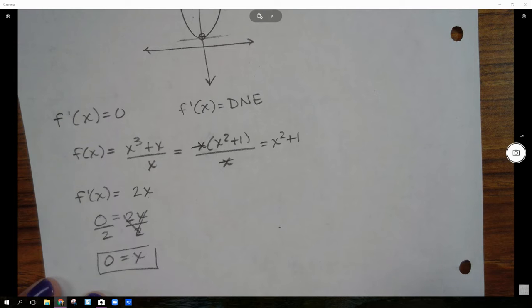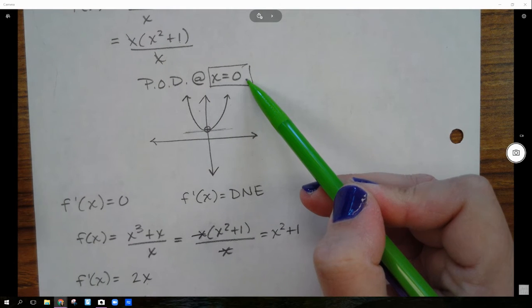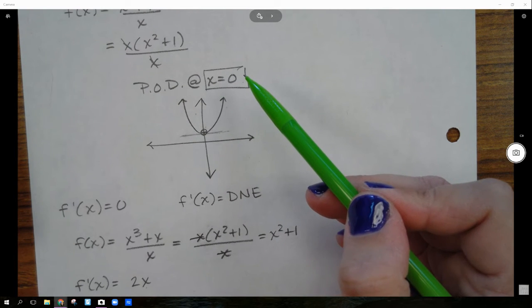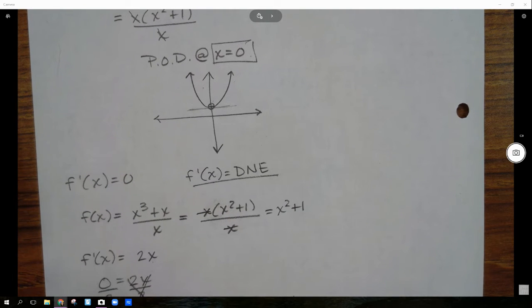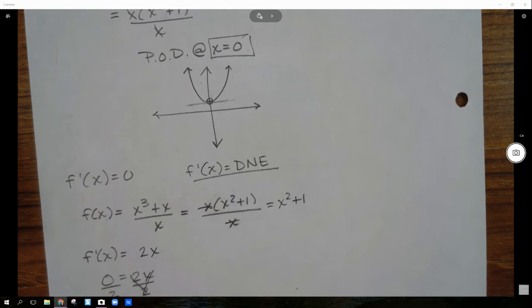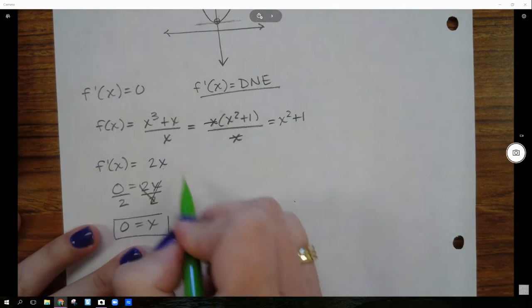But we know that there's actually a point of discontinuity at x equals 0. So we're going to keep that in mind when we do our intervals. The derivative is going to exist everywhere but x equals 0, so we don't have to worry about doing that again. What we do need to do is make our number line.